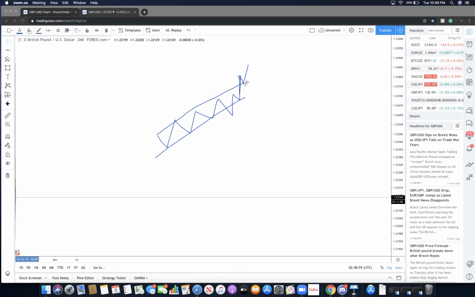If it doesn't, and comes back in, then I know that the trend can still be broken. And if this is the price point or price area we're focusing on, this move overall is a fake out, and that means that we can have a push to the downside.